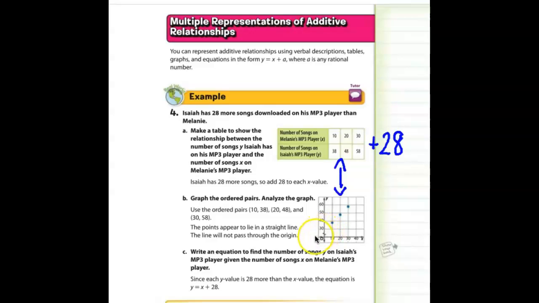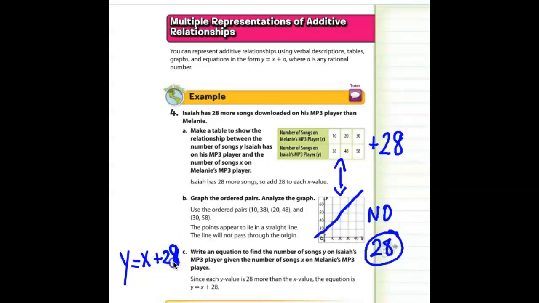Now, if I were to connect this, you can see it has a linear relationship, but does it go through the origin? No, it does not go through the origin. It actually crosses the y-axis at what number? 28. It crosses at 28 because of our equation down here. The number of songs Isaiah has is going to be equal to x plus 28.